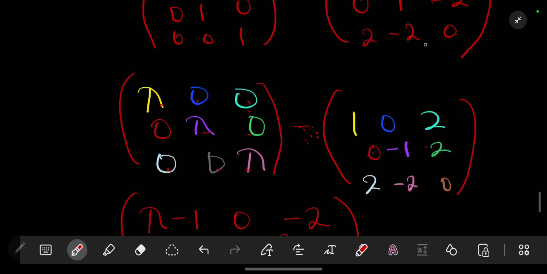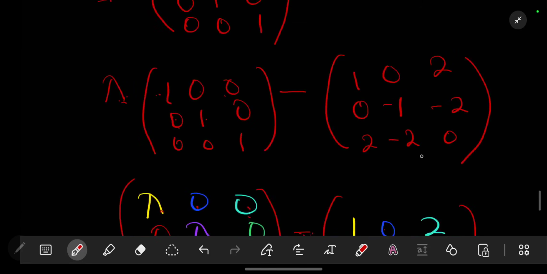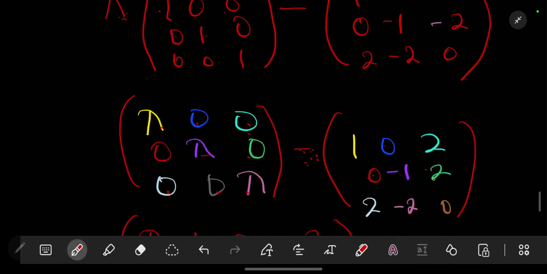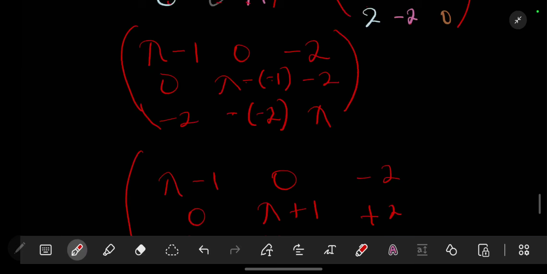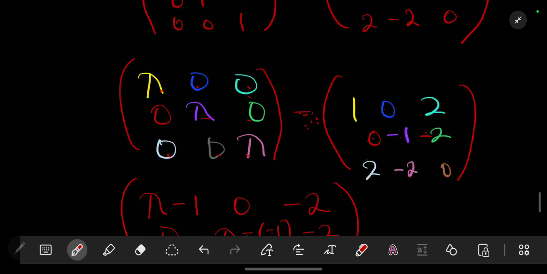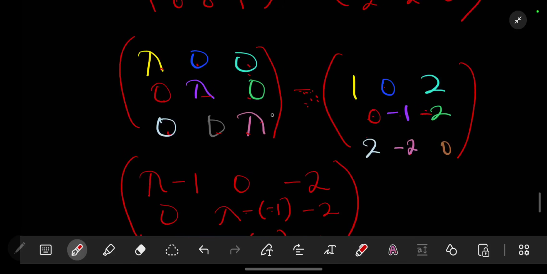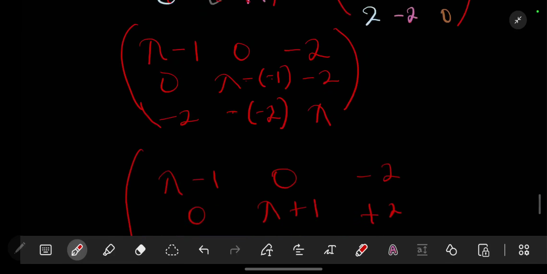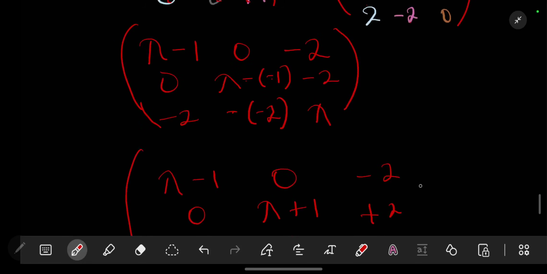What do we have at the end? Oh, okay. So it's having a negative here, which I did not put here. So we have negative, it will be positive. So we say positive 2. Negative by negative is positive. Then lambda minus 0 will be just lambda. So this is what we have.